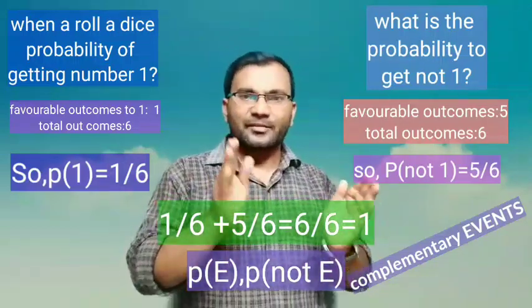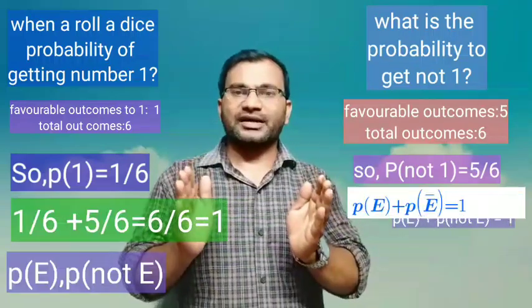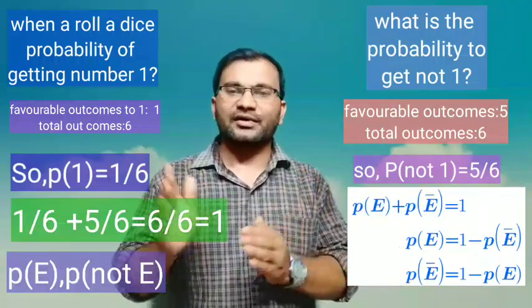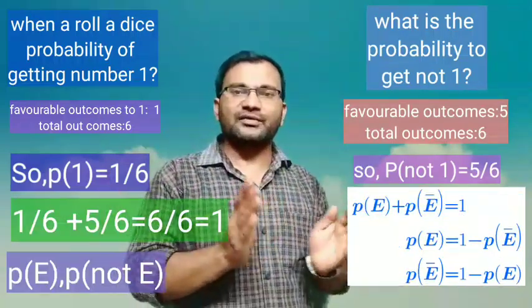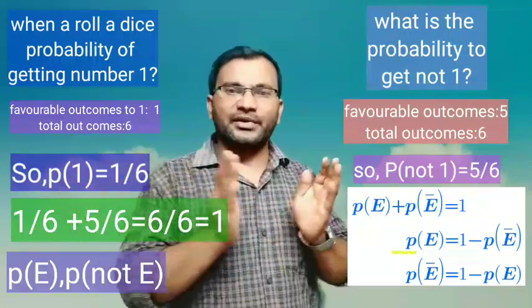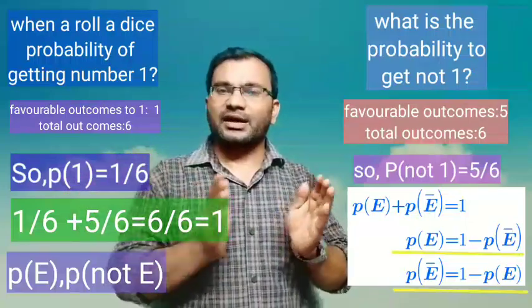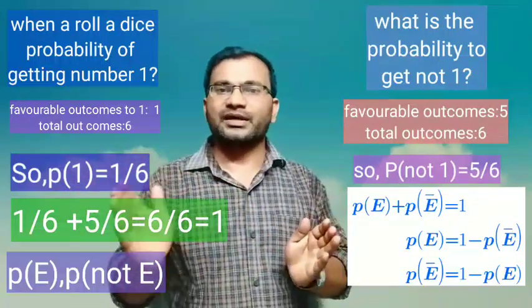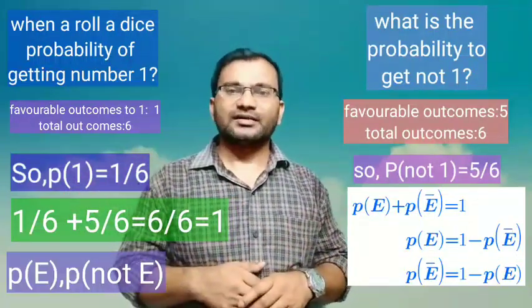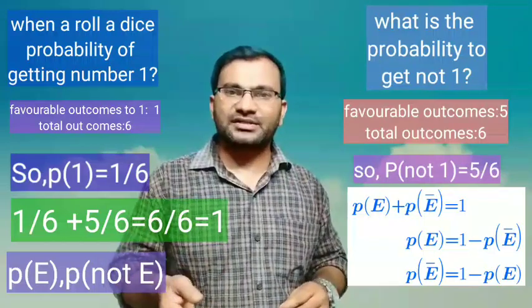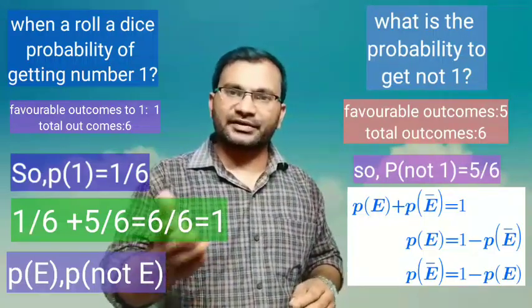So we can say P of E plus P of E bar equals 1. So we can write P of E equal to 1 minus P of E bar, and P of E bar equal to 1 minus P of E. We will discuss some more terms and problems related to a deck of cards.